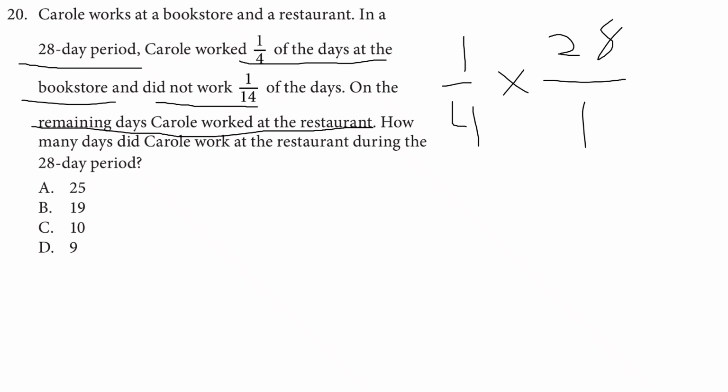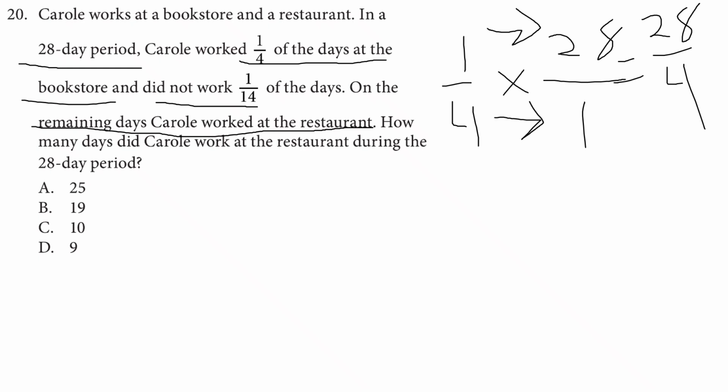So that gives us 28 over 4, and we simplify that. 4 can go into 28 7 times.